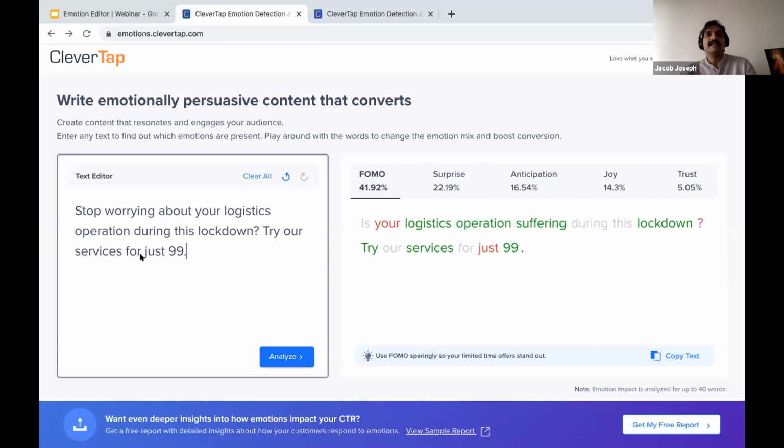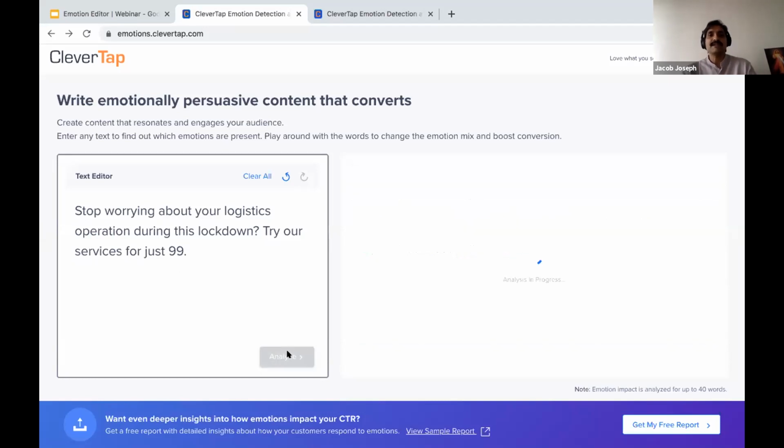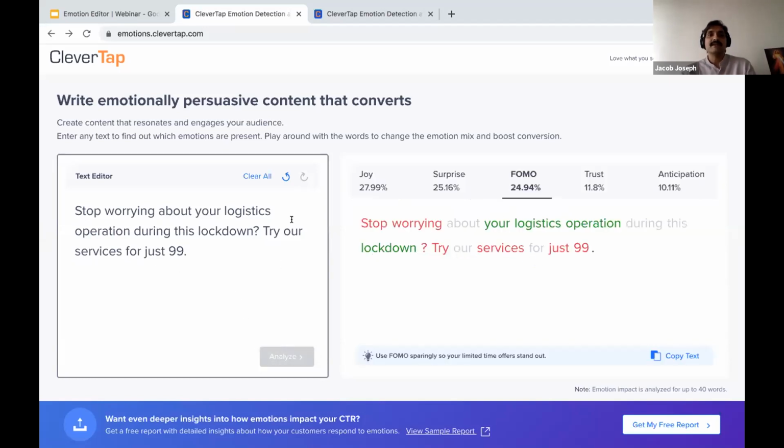But if I change from a negative to a positive reinforcement, now it changes. Earlier it was saying that your logistic operation may be suffering, right? It was giving a solution by drawing attention to a problem. Here, it is selling the solution by giving positive reinforcement, like, okay, you stop worrying, we have your back.